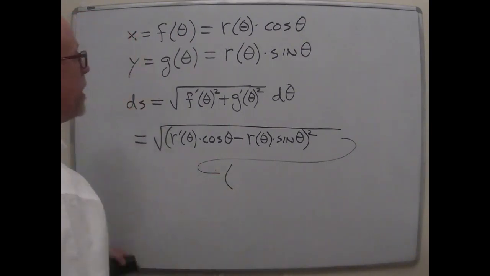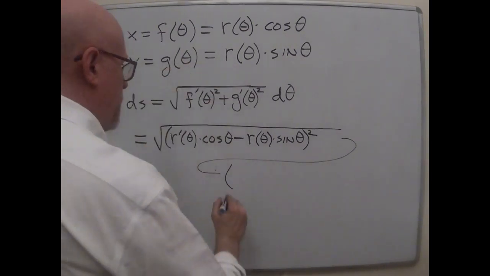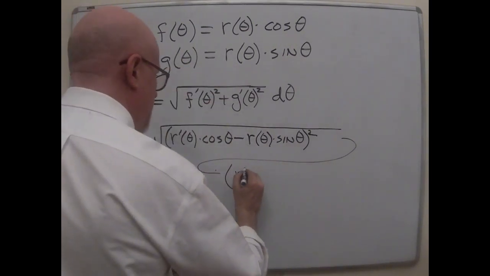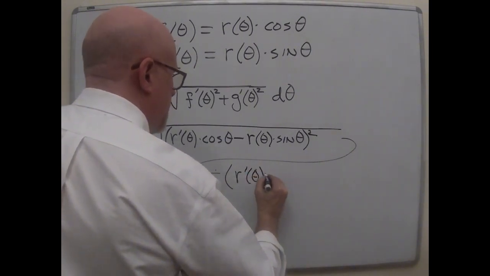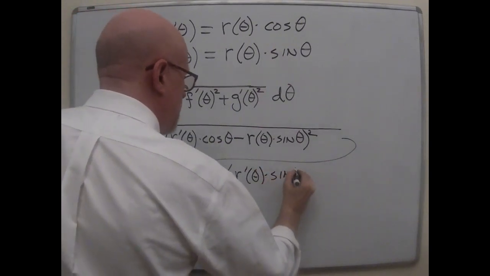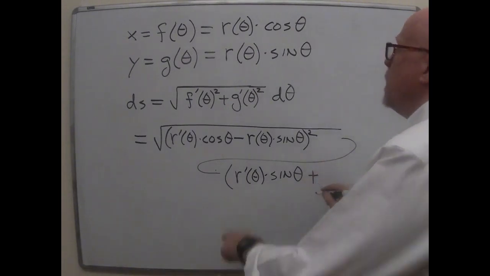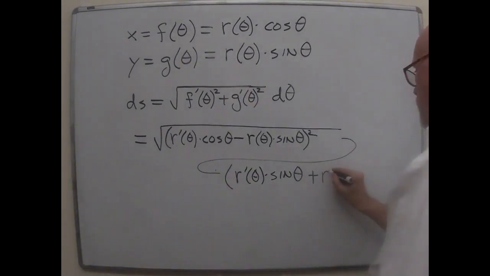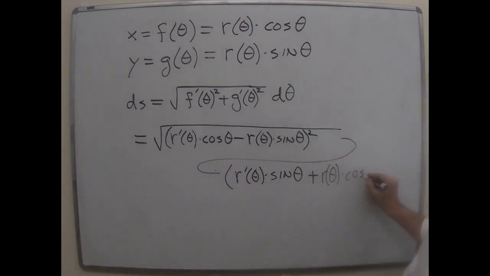That's because we're going to need to have g prime, which is the first guy's derivative times the second guy, sine of theta, plus the first guy left alone times the derivative of that one, which is cosine of theta.